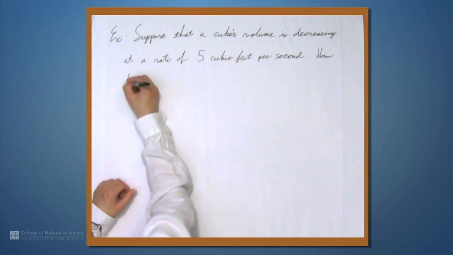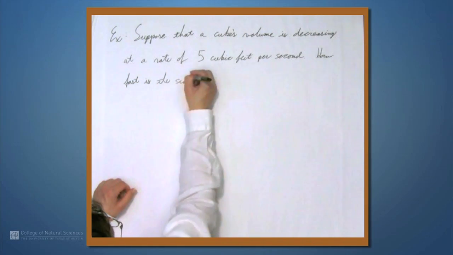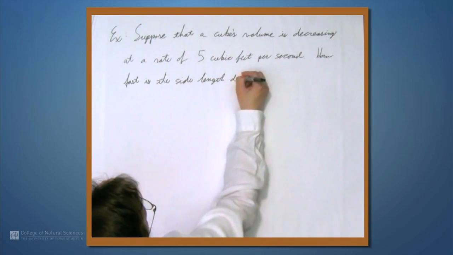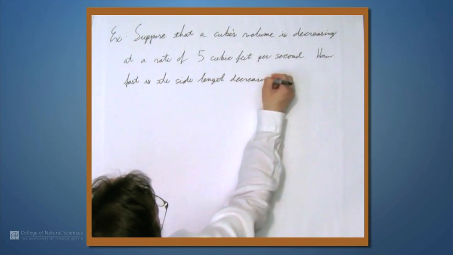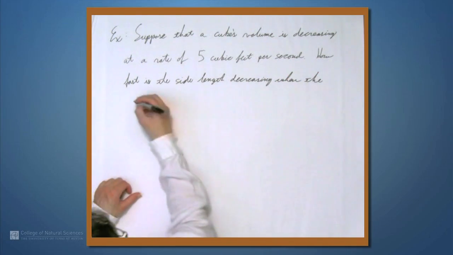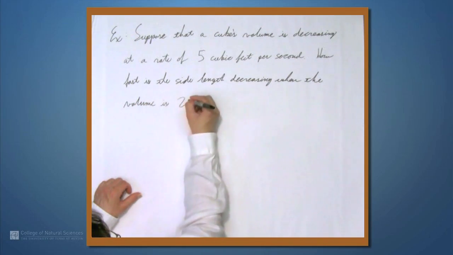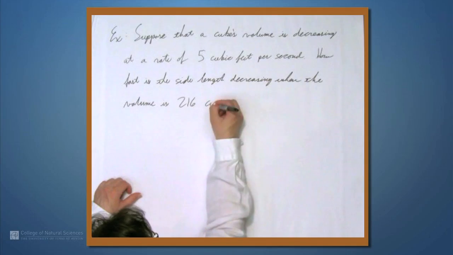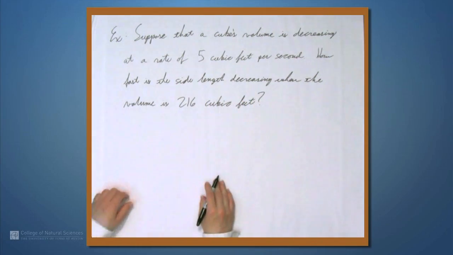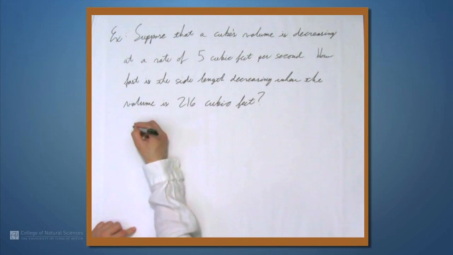So how fast is the side length decreasing when the volume is 216 cubic feet? Well, where do we start? Let's start with the formula for volume.